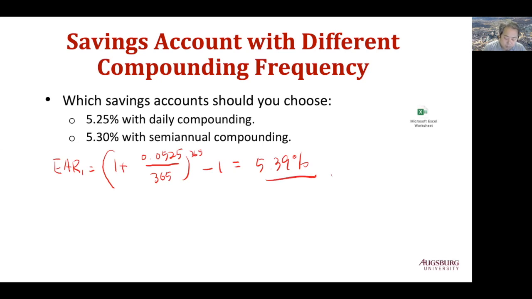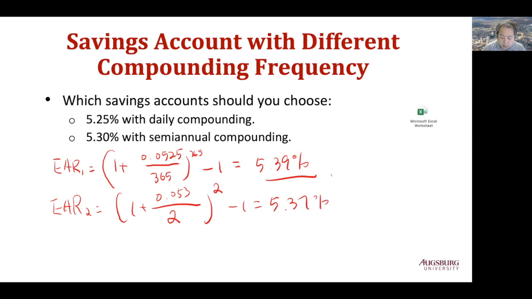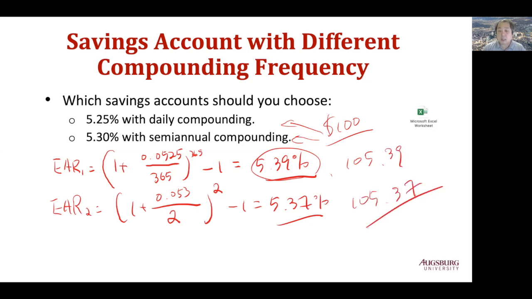EAR2 equals 1 plus 0.053, now 5.3%, divided by m, which is 2, squared, minus 1, which is 5.37%. So if you put $100 in each account, the first account you will have $105.39, and the second account $105.37. We take the first. I want the account with the higher EAR. So calculate EAR and compare.